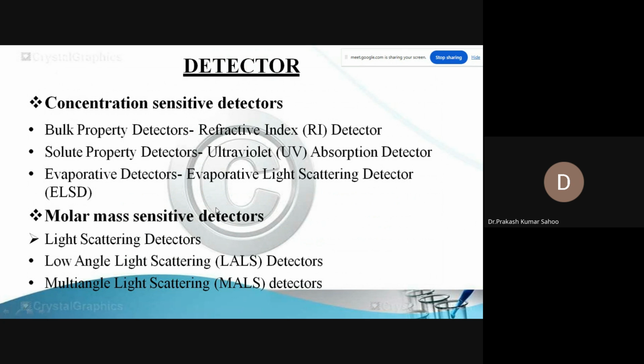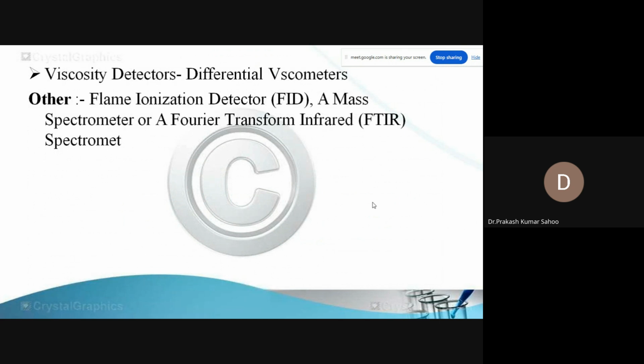So we have many types of detectors used in size exclusion chromatography. Then we also have the viscosity detector or differential viscometer, and other detectors that may be used are FID, that is flame ionization detector, mass spectrometer, or a Fourier transform infrared spectrometer, which is also known as FTIR.